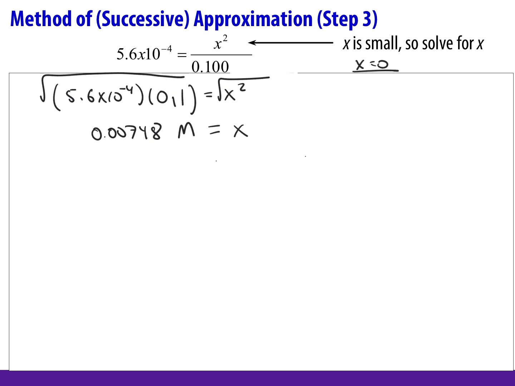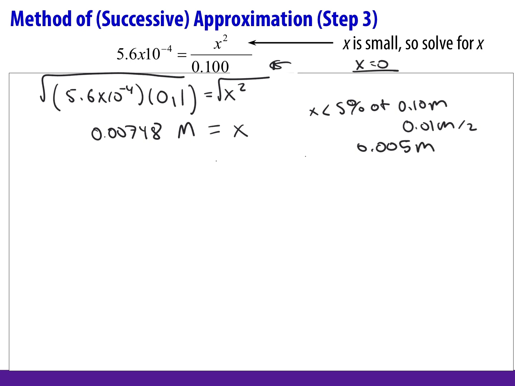Now I do my check. We are going to say X is less than 5% of 0.10 molar, because that's the approximation we made. We neglected the minus X right there. 5% of 0.1, I can move the decimal place. 0.01 is 10%, divide by 2, so 0.005 molar is 5% of 0.1.